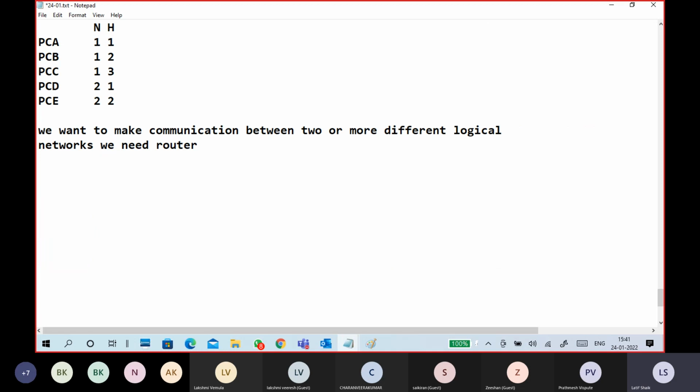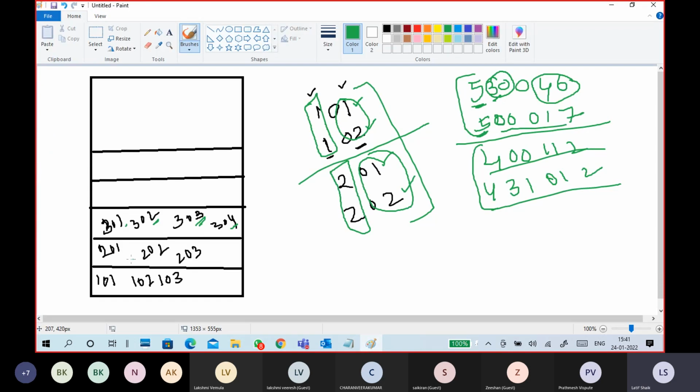Here we'll see, guys, everything is logical, host or network. As we have seen, this is 101, 102, 103, 201, 202, 203. The first digit, 1, 2 or 3, represents the floor: first floor, second floor, third floor.